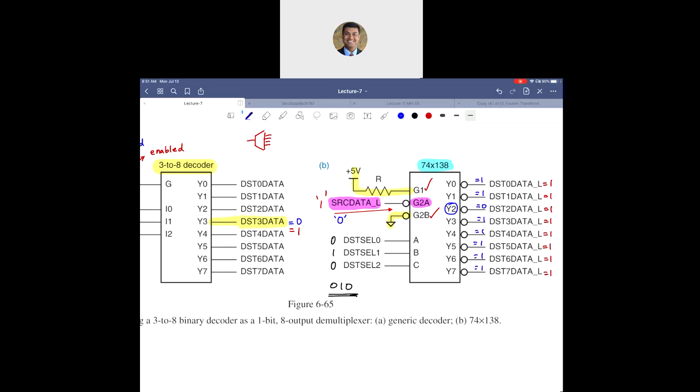And as you can see here, we literally took source data when it was 1 and 0, and Y2 was 1 and 0.